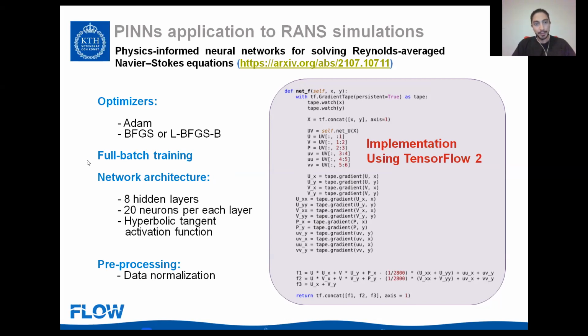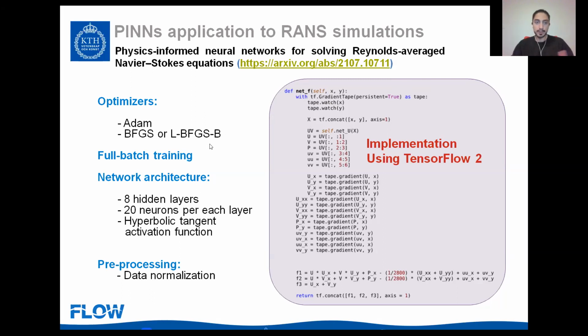This is a very interesting thing that PINNs provide for us. We use the Adam optimizer to start the training up to some point, and after that we use BFGS or limited-memory BFGS to follow up the training and increase the accuracy of the solution. We use full batch training for the neural network.